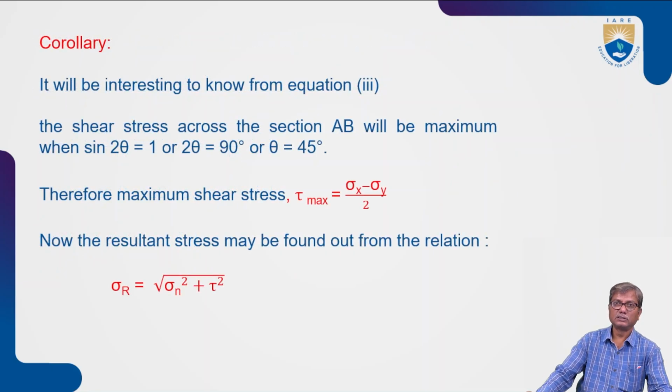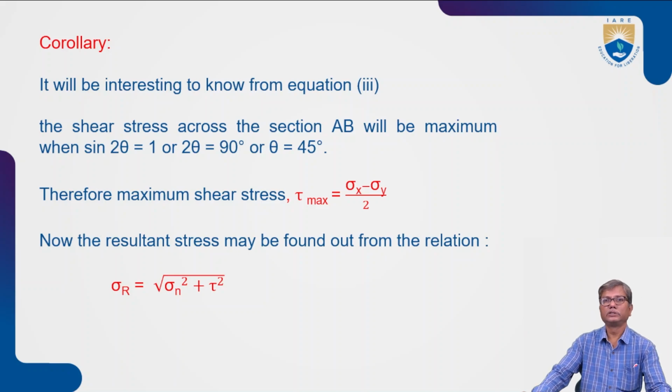And now we will see for what angle the shear stress is maximum and normal stress is maximum. Already we have seen the principal planes definition, isn't it? The planes on which the shear stress is 0 and there will be only normal stress acting.